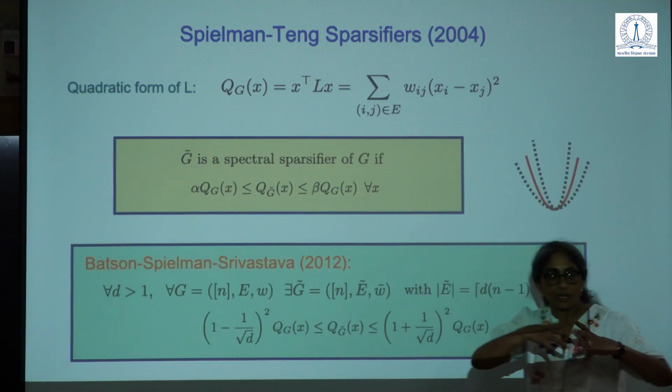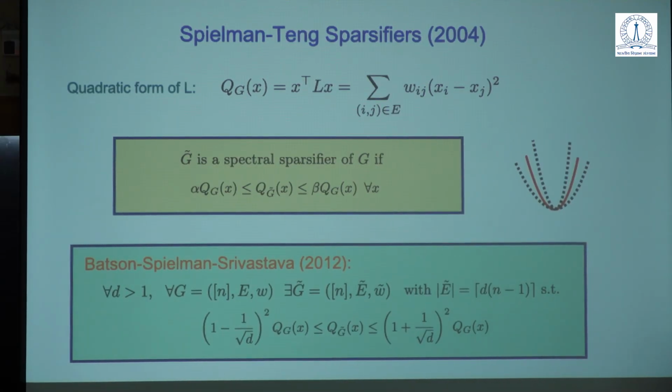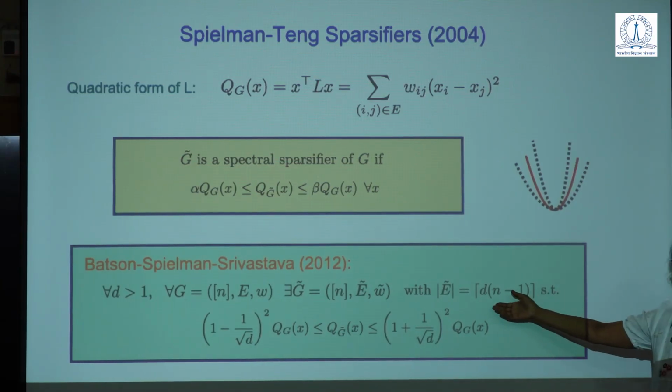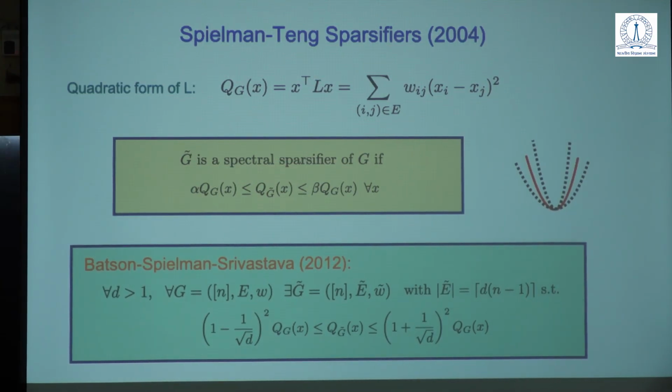So if you allow bigger d, you can squeeze much more. If you allow a very small d, you won't get them to be very close to each other. But as you allow bigger and bigger d, you'll get a better and better approximation to the original quadratic form. But then the number of edges will also go up along with d. So it's a trade-off.